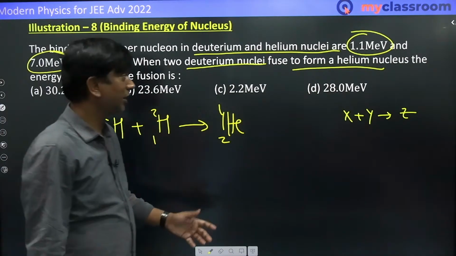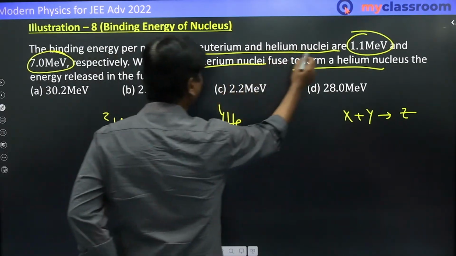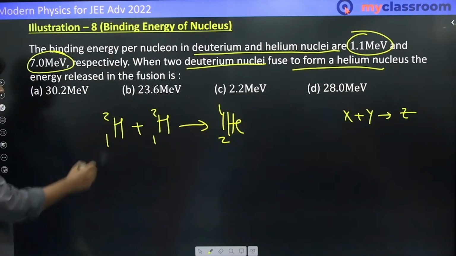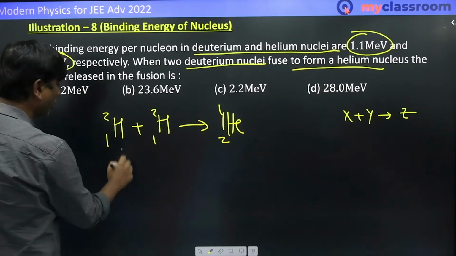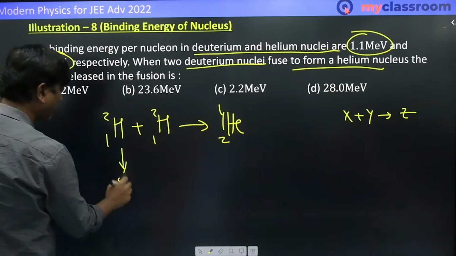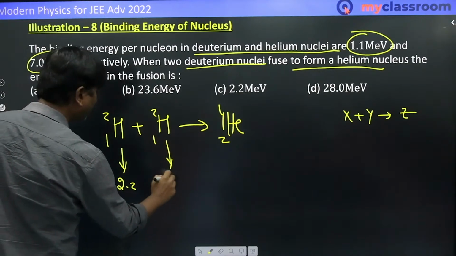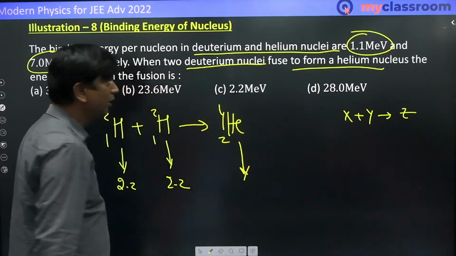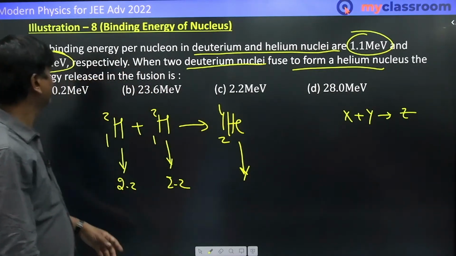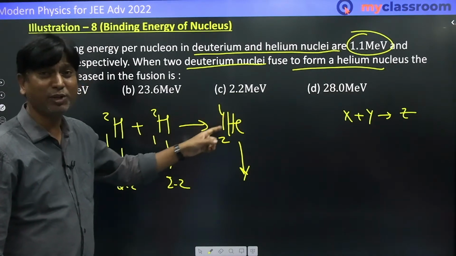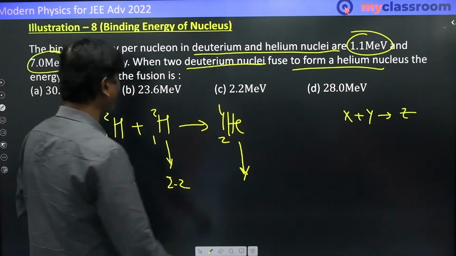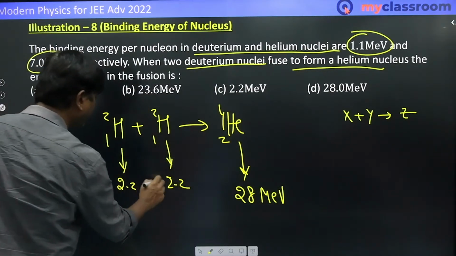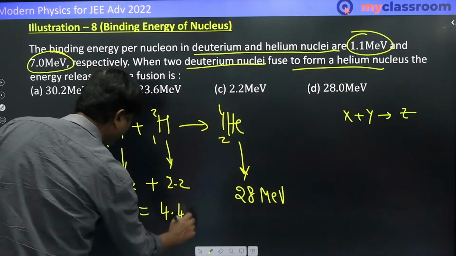They have given the binding energy per nucleon. In deuterium it is 1.1. How many nucleons are there? Two. So the total binding energy is 2 into 1.1, that is 2.2, and similarly for the other one also 2.2. For helium, the per nucleon binding energy is 7, and there are 4 nucleons, so the total binding energy is 28 million electron volts. The total binding energy of the LHS is 4.4 million electron volts.